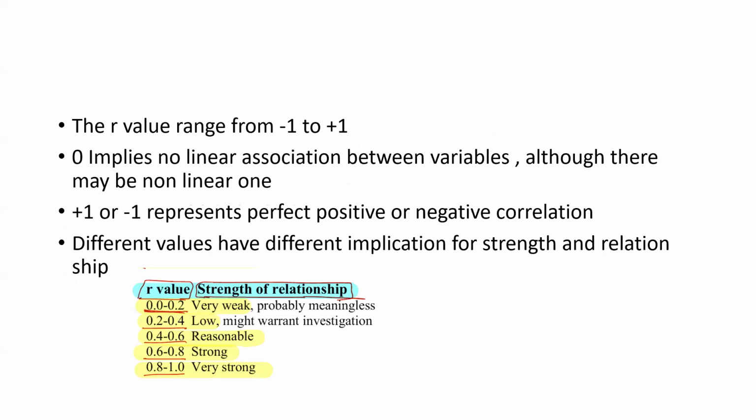R ranges from -1 to +1. Zero implies no linear association between the variables, although there may be a non-linear one. +1 and -1 represent perfect positive and negative correlation. Different values have different implications for the strength of the relationship.